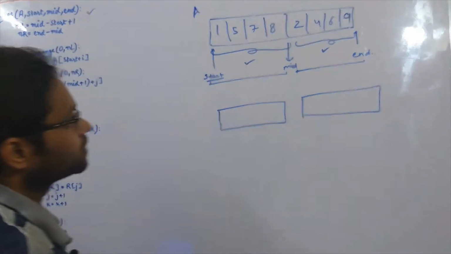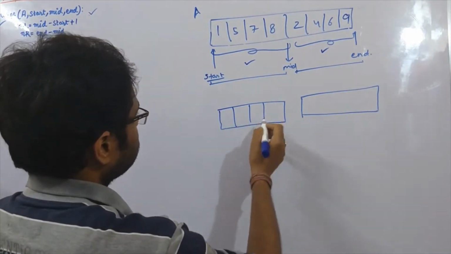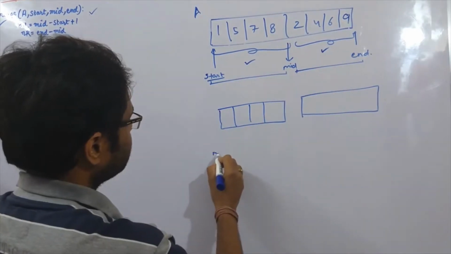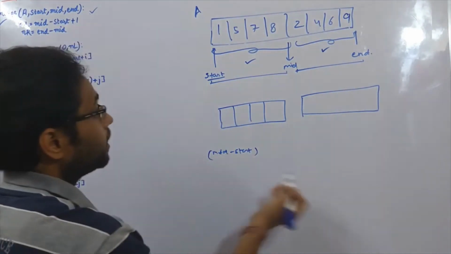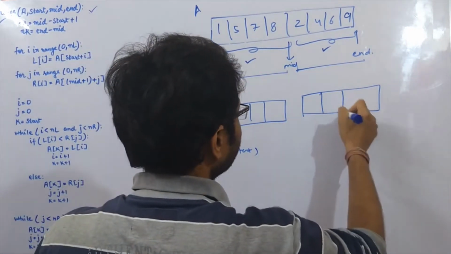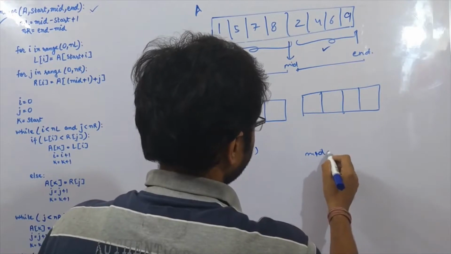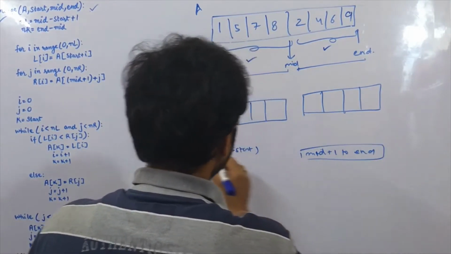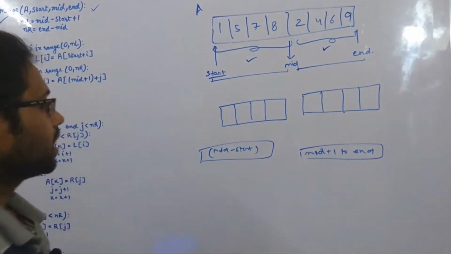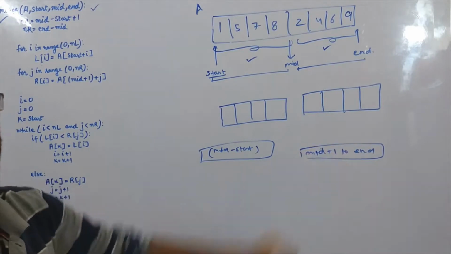The size of the first array will be mid minus start, and the size of the second array will be from mid plus 1 to end. So we will create two arrays of these sizes.